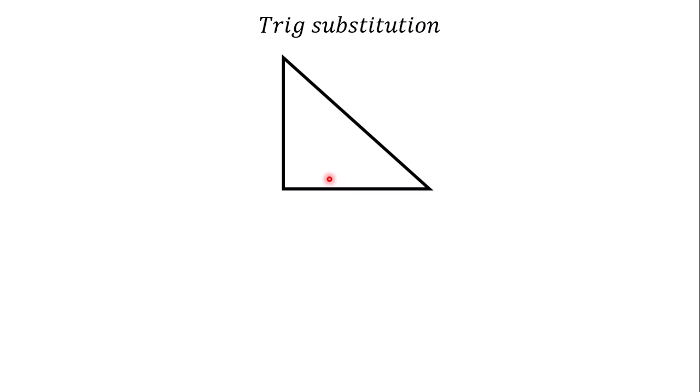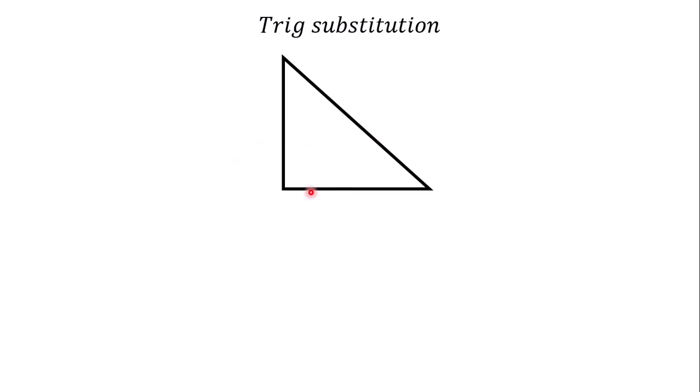Let's continue. Now, remember the other time I told you that when you draw your right angle triangle, the position of the angle, not the 90 degrees angle, but the angle, either beta or theta or any variable used to represent the angle, determines the names of this side and this side, but not this side.